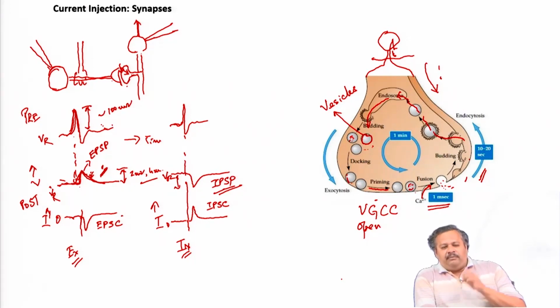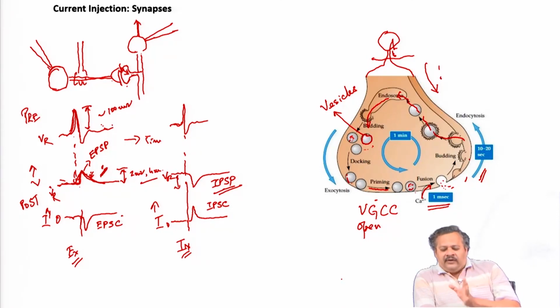So, if we have many action potentials occurring, then the neurotransmitter available to be released from the presynaptic side may have reduced, and because the probability of release may reduce, the current injection on the postsynaptic side may also reduce, or the membrane potential change may also reduce.